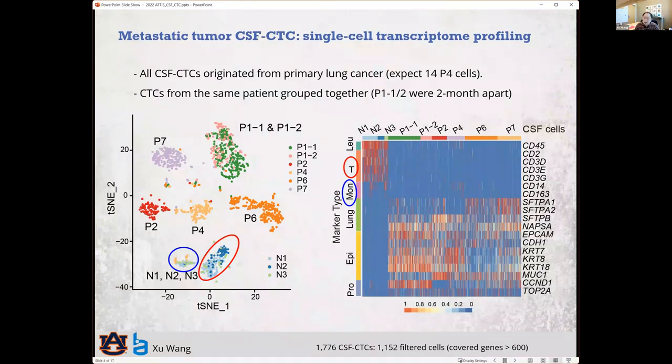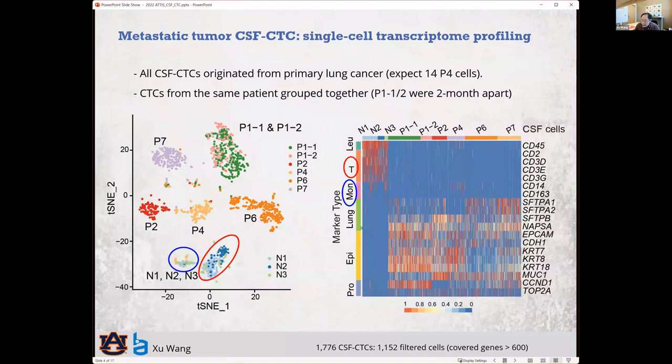We need to be cautious because these samples were processed immediately after collection on different days, so there could be technical batch variability. To exclude that, we took 2 different samples from patient P1 2 months apart, and you can see that they form a coherent cluster, suggesting that technical variability is not driving the heterogeneity we saw in the t-SNE clustering plot.